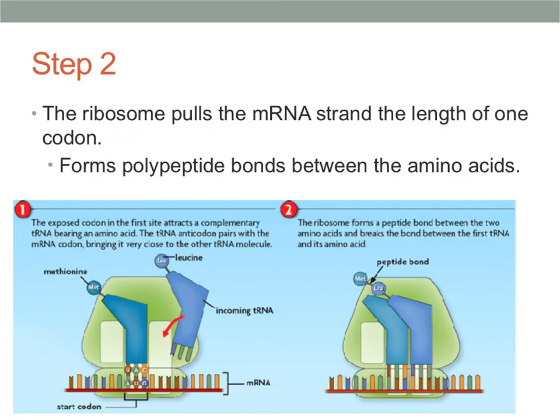Step 2, the ribosome pulls the messenger RNA strand the length of one codon, and what forms are polypeptide bonds between the amino acids. So this is our first codon on the messenger RNA, which binds the anticodon, which codes for methionine right here.